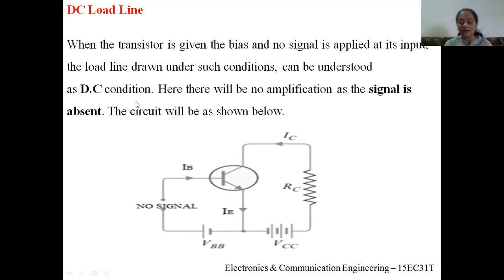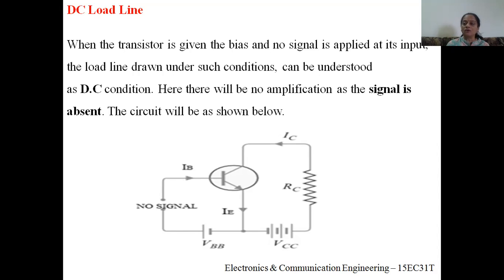Understand once again, when you apply a signal, it becomes an AC signal. So before applying the signal, when we use a transistor as an amplifier, we apply the biasing voltages VBB and VCC. One voltage is applied across the input circuit, across the base emitter, and one more is applied across the collector emitter. This is called bias.